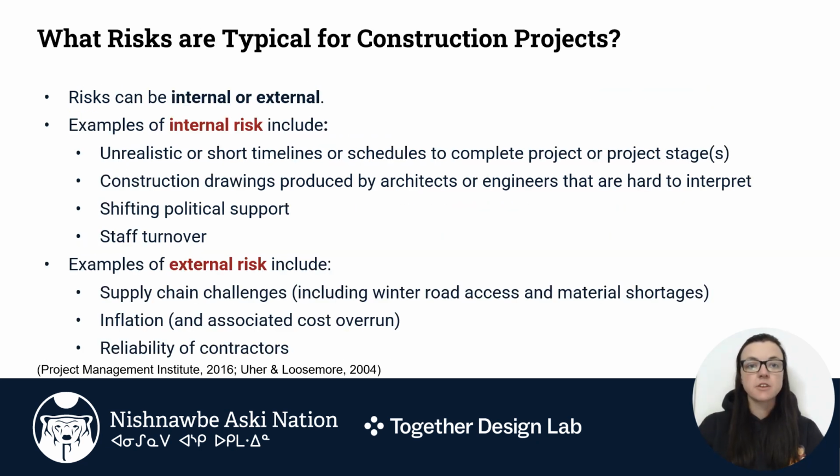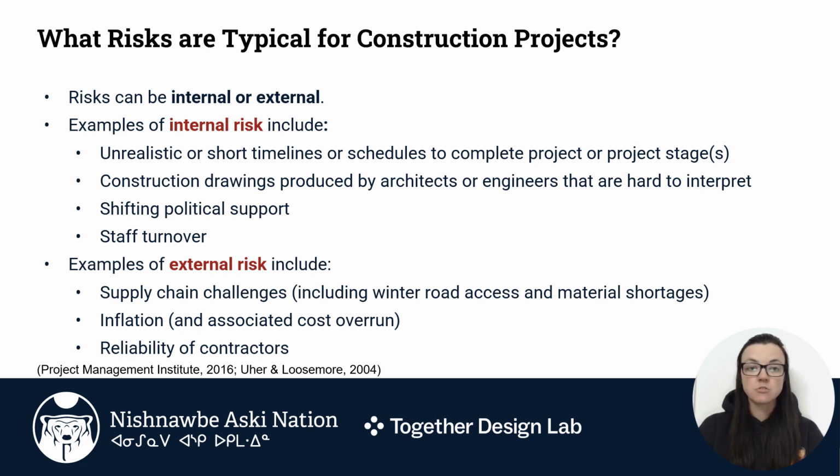So what risks are typical for construction projects? Risks can be internal or external to the project and the project team. Examples of internal risks can include unrealistic or short timelines or schedules to complete the project or the project stages, construction drawings produced by architects or engineers that are hard to interpret, shifting political support, or staff turnover within the project team.